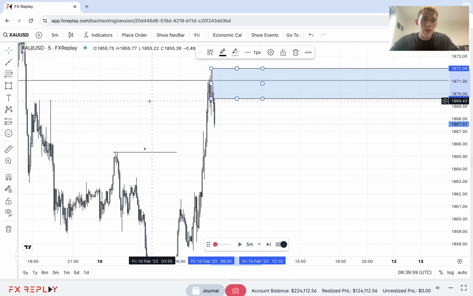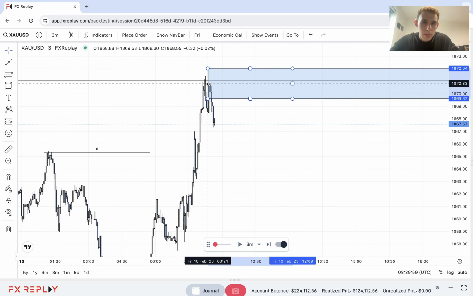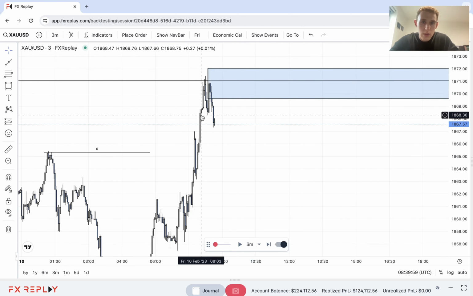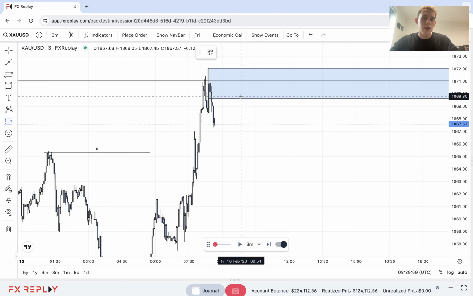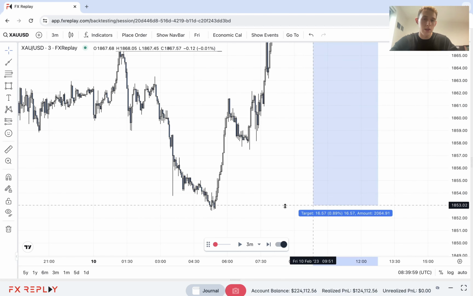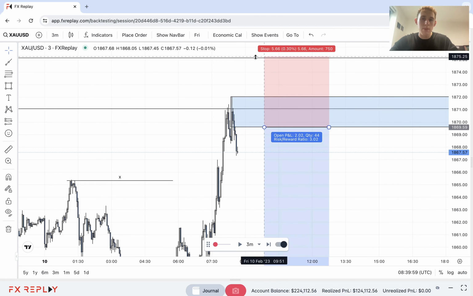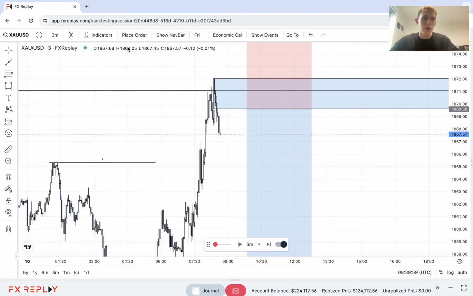That area is looking nice. Reason being, we've had sweep of the high, break of structure to the downside. So we can set a limit on this area and target the current low. I'm going to have a bit of a bigger SL on that as well.